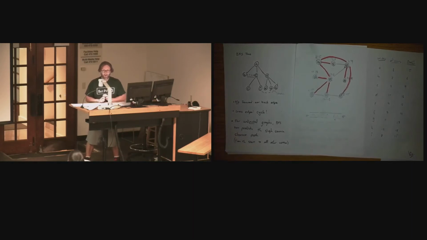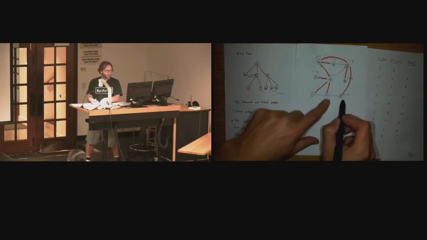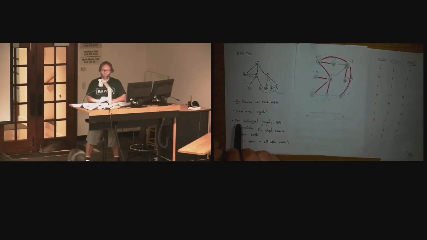It doesn't provide the shortest distance for everything. For example, what's the shortest distance from I to H in this graph? Well, just one. They're directly connected. But does that correspond over here in the BFS if you just look at the tree edges?